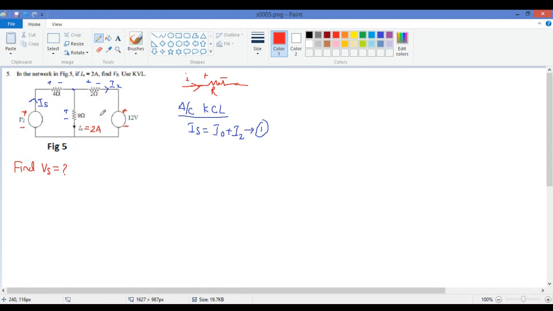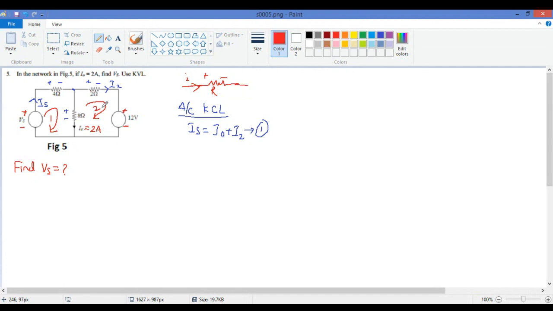Suppose this is one loop, I call it loop 1, and this is loop 2. So we have two loops, and Is is the total current that gets divided, as I have shown you in equation 1.